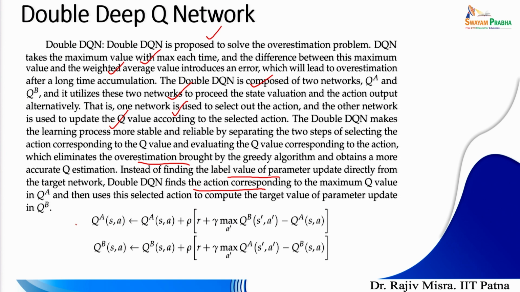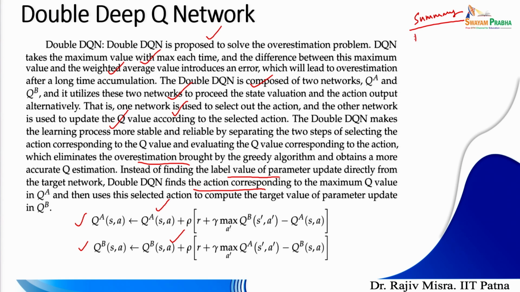Both networks follow the Bellman equation, shown over here, where the Q values of A and the Q values of B are updated using these equations, because they are different networks. So both are now able to eliminate the overestimation brought earlier by the greedy algorithms and obtain a more accurate Q estimation. So, summary.